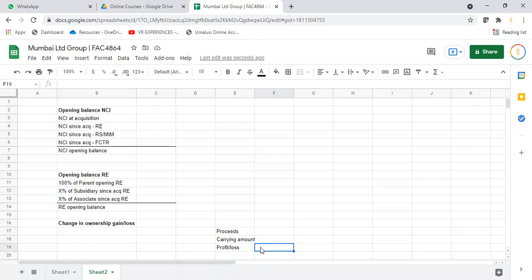Now, for this, it's also a disposal of an asset. So the way we calculate the gain or loss is the same: proceeds less carrying amount equals gain or loss.